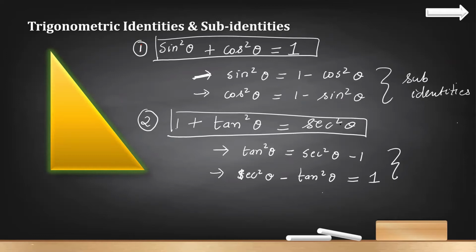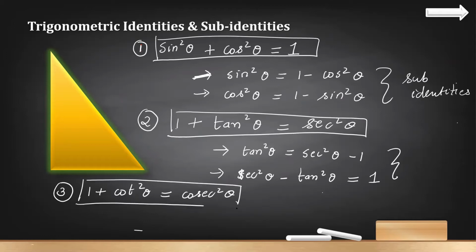That becomes your sub-identity. Now, the third identity that we have is 1 plus cot square theta is equal to cosec square theta. Second was 1 plus tan square theta is equal to sec square theta. Third is 1 plus cot square theta is equal to cosec square theta.